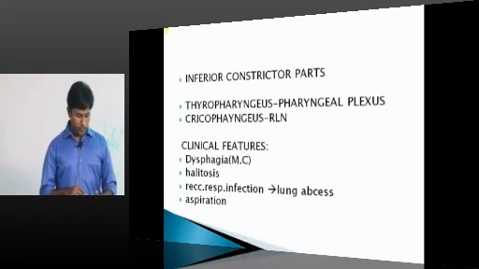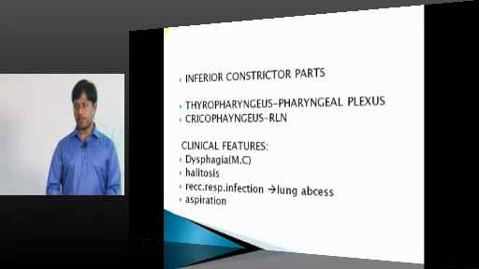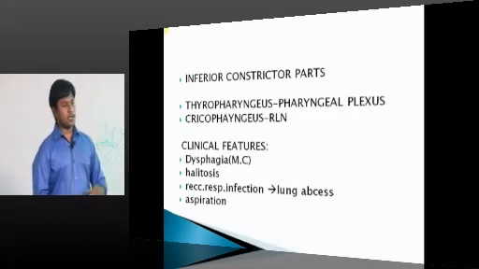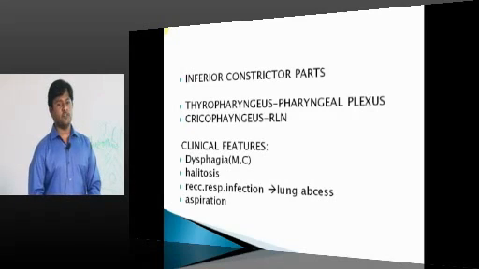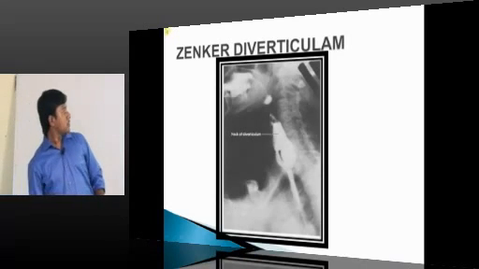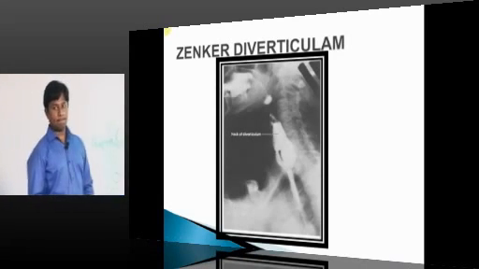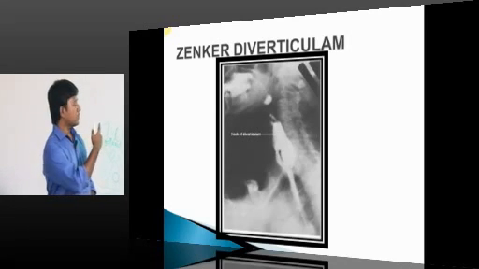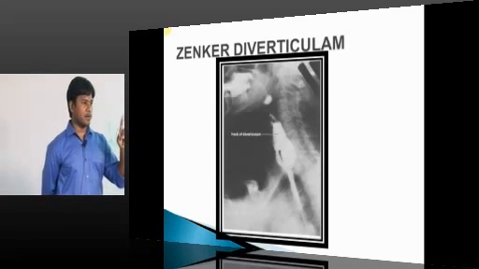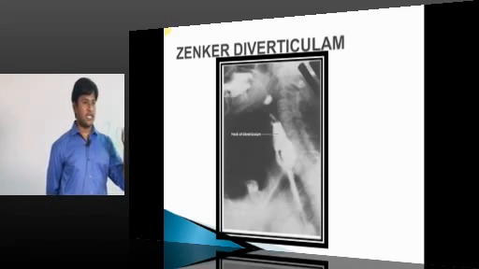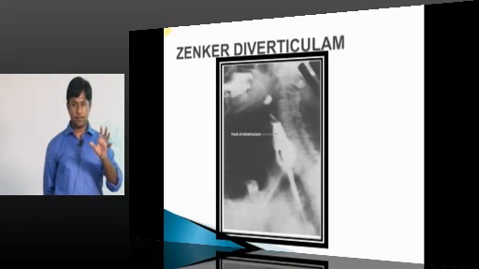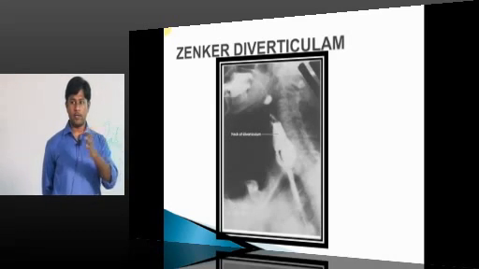Now, what are the clinical features? Why are we concerned if the patient has a Zenker's diverticulum? The most important and most common clinical feature is dysphagia. Whenever you have a Zenker's diverticulum, you can identify it on this radiograph, a barium swallow. You will have two types of radiographs, barium swallow and barium meal. Which is thick, which is thin? Actually, both are the same.